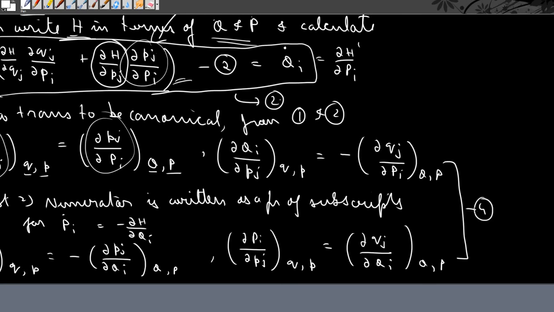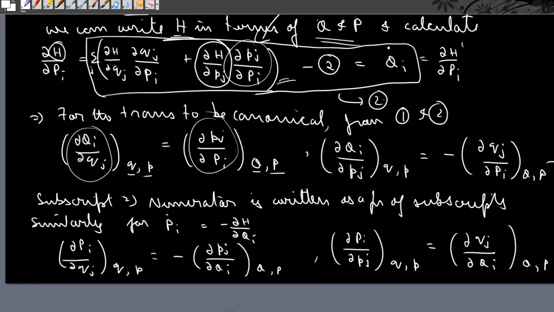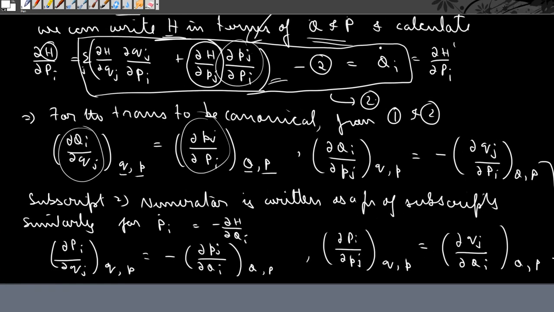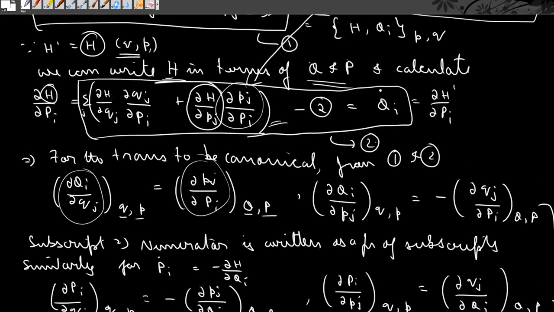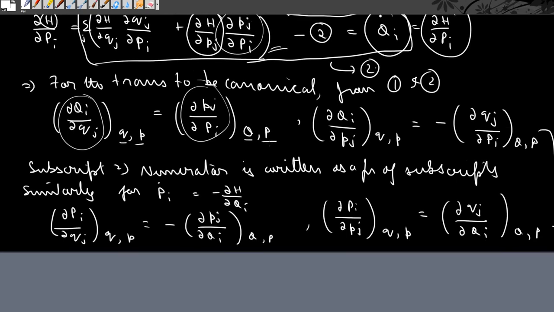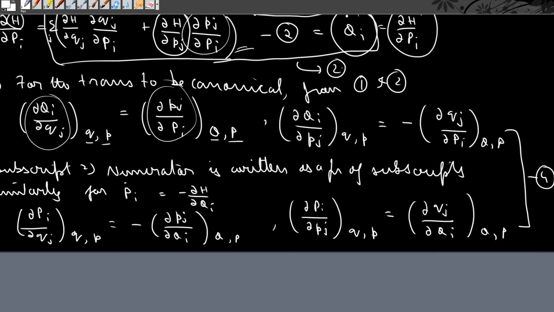This is basically saying that in order to preserve the Hamilton's equation, that is, in order for qi dot to be equal to dou h dash by dou pi, these four relations must be satisfied.